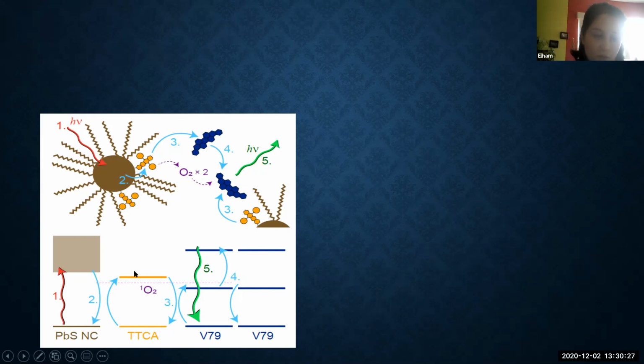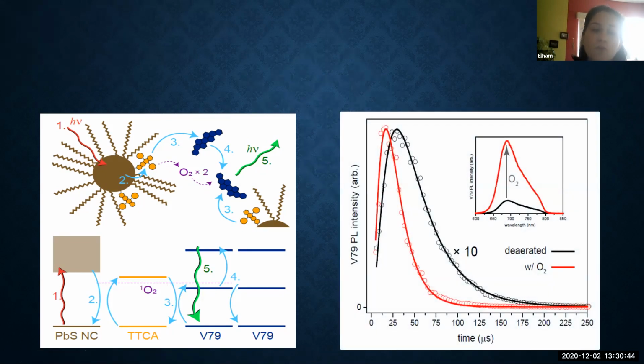As I mentioned before, because the triplet state of violanthrone is below oxygen, we didn't expect to see any quenching by oxygen. When we did time resolved photoluminescence on our material, we noticed that oxygen not only didn't kill our upconversion system, but even helped it and improved the photoluminescence signal much more than when we didn't have oxygen.